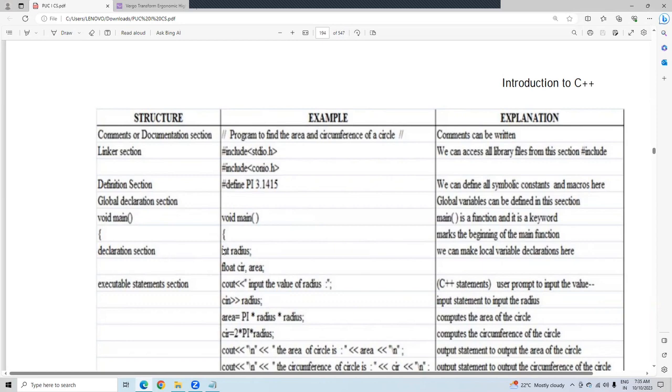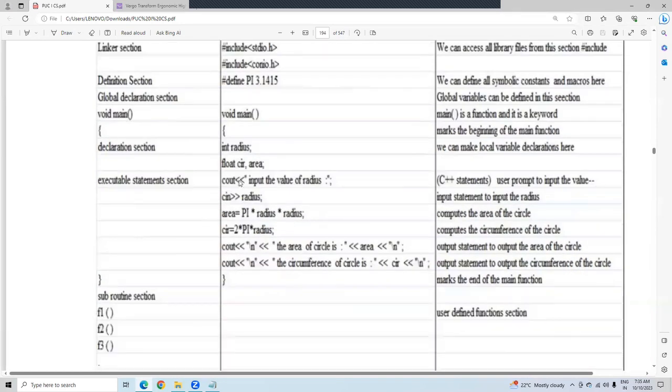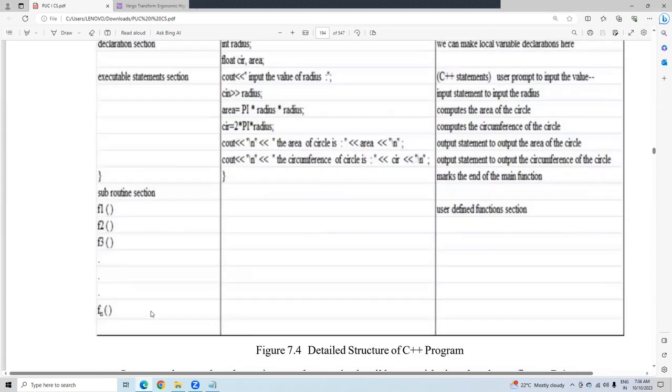Declaration section means you will be declaring the required variables. Executable statements means what? You will be taking input, asking for input from the user, writing equations and expressions, and printing the result, right? And there may be subroutine sections, that is functions, right? Any number of functions can be defined outside the program.